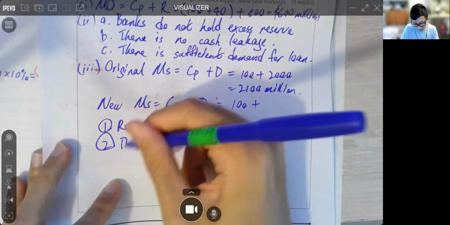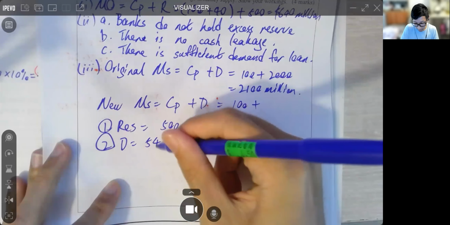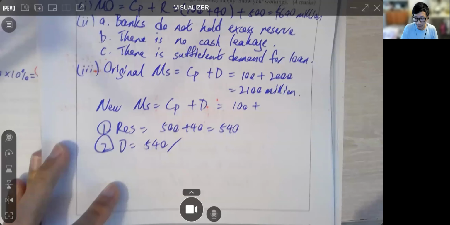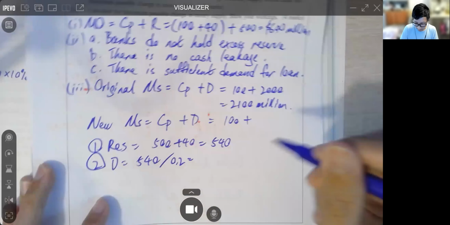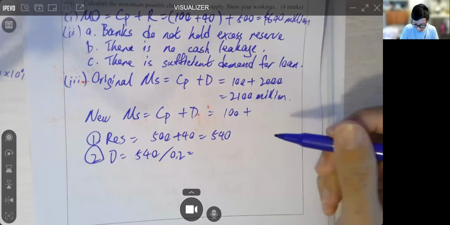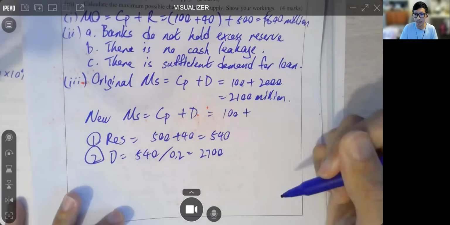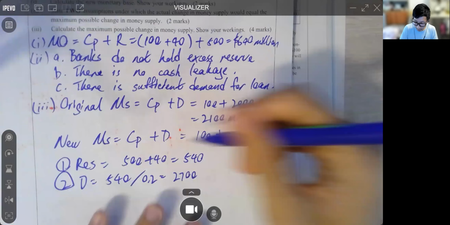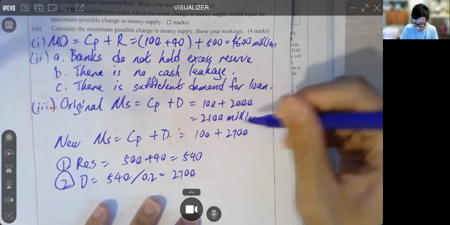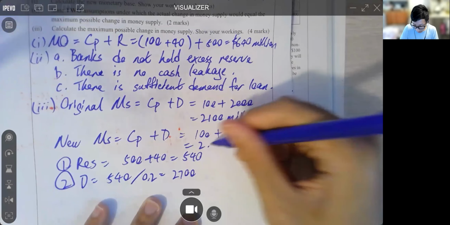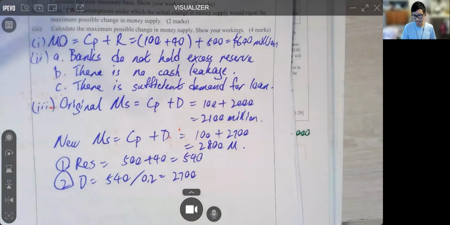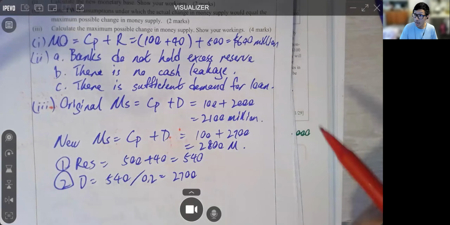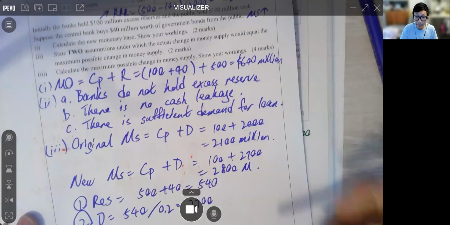Then deposit would just be 540 divided by RRR 0.2, which would be 2700, I think, right? Therefore, new deposit 2700 would give us 2.8 billion. But you haven't finished, it's the maximum possible change.